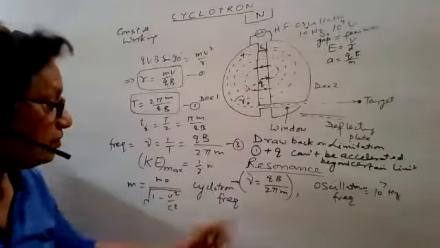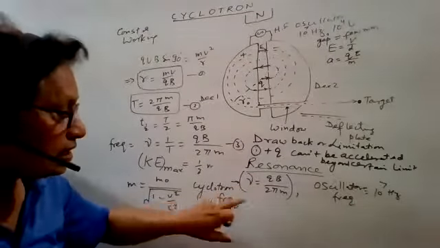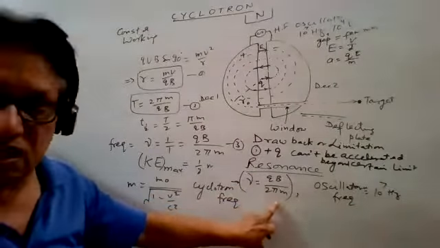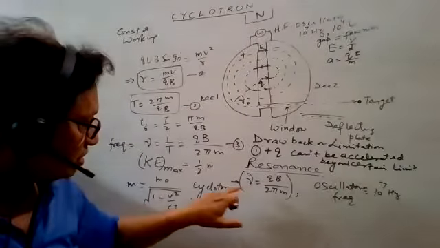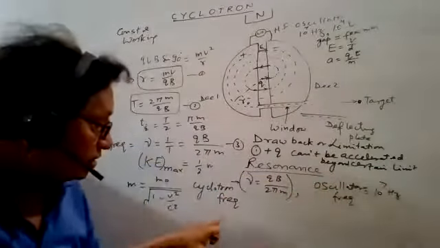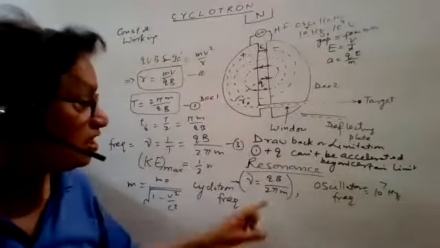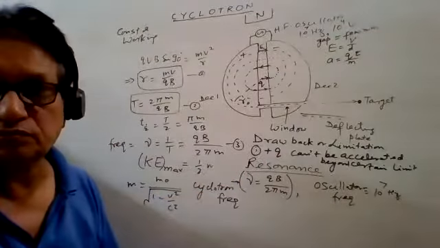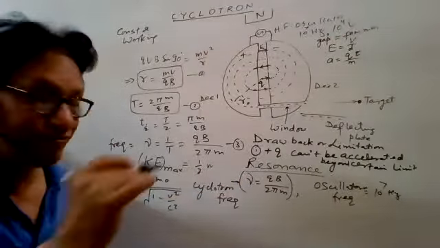It means by the increment in the speed and kinetic energy, m changes, so the cyclotron frequency changes, while the oscillator frequency is the same. So it is a mismatch, failure of resonance. Got this point?